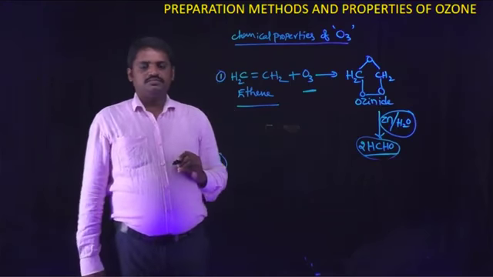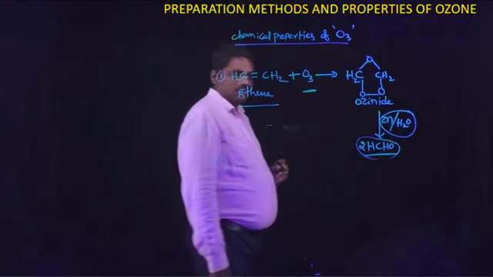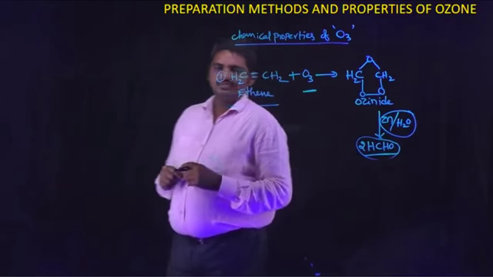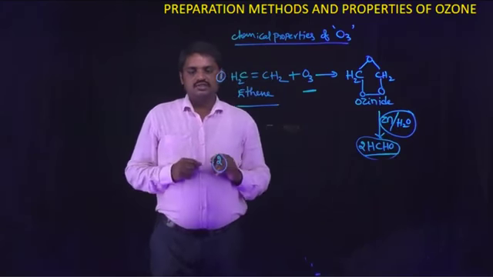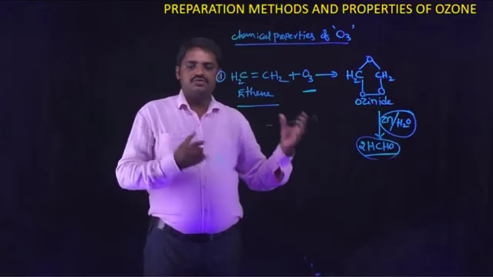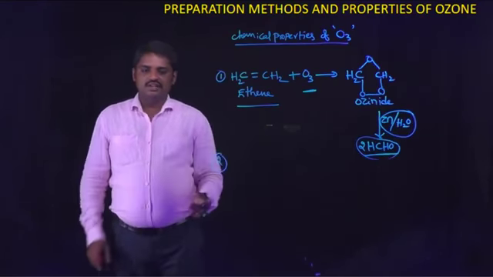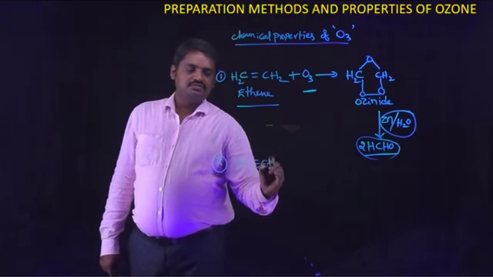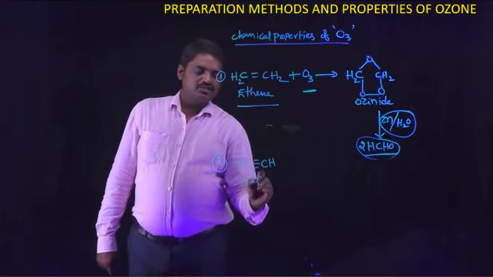Next, the ozone molecule reacts with alkynes, carbon bound with a triple bond functional group. This type of hydrocarbon is known as an alkyne. The general formula of alkynes is CnH2n-2. The best example of an alkyne is acetylene, CH triple bond CH.